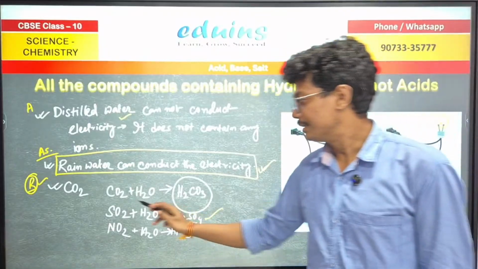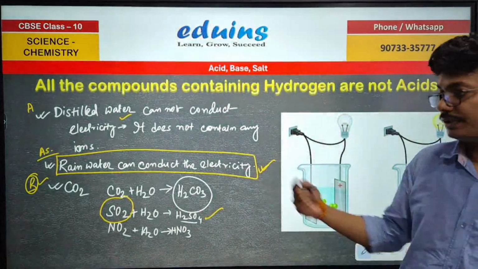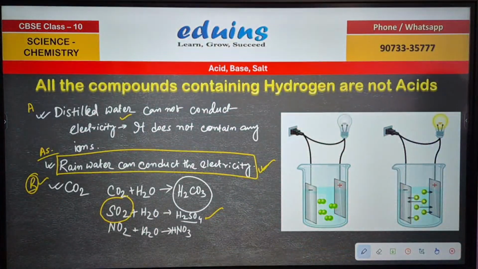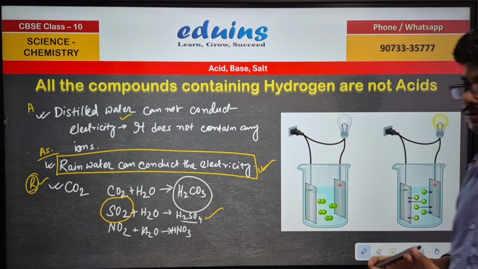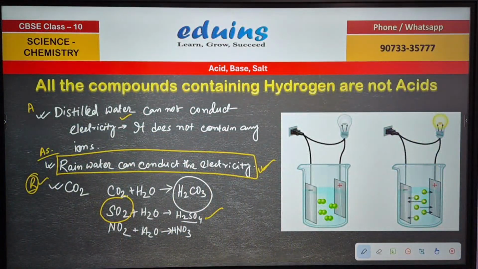The rainwater reacts with the sulfur dioxide of your atmosphere and produces your sulfuric acid, and this is slightly acidic. That's why it can conduct the electricity. Clear?